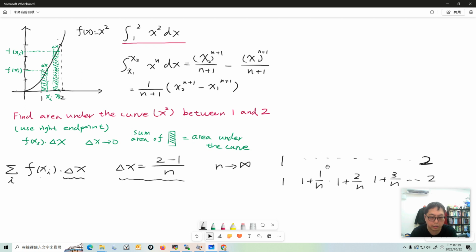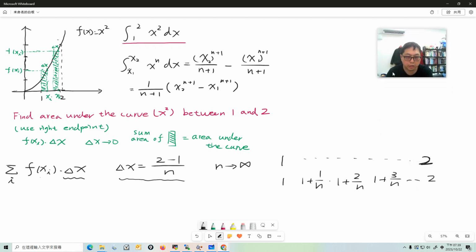Can you understand this idea? We slice with delta x equal to 2 minus 1 over n, and n is a very huge number. So actually I would say our delta x is 1 over n.